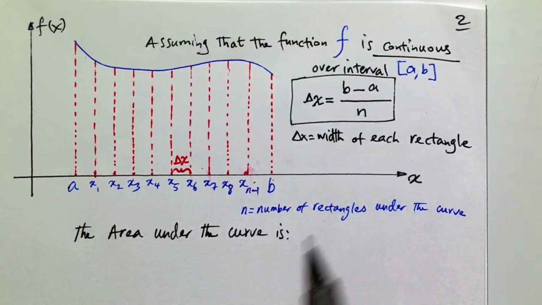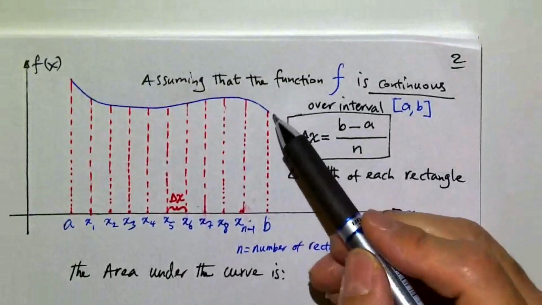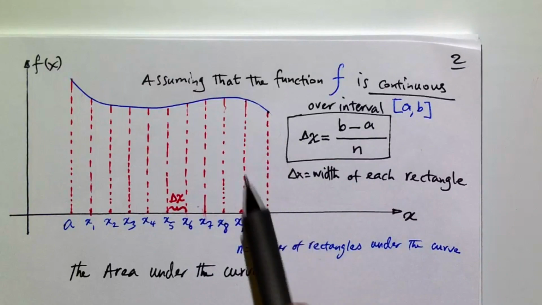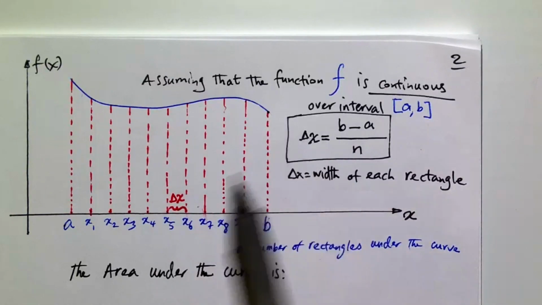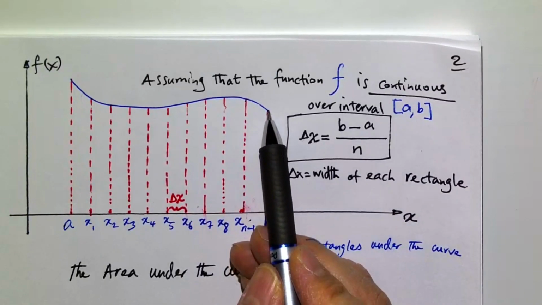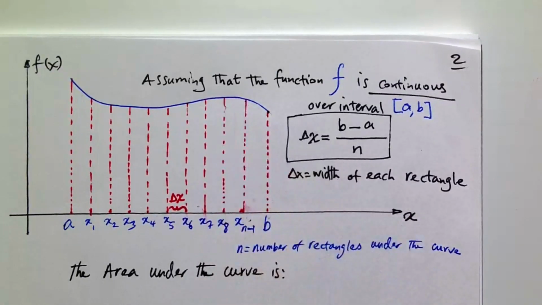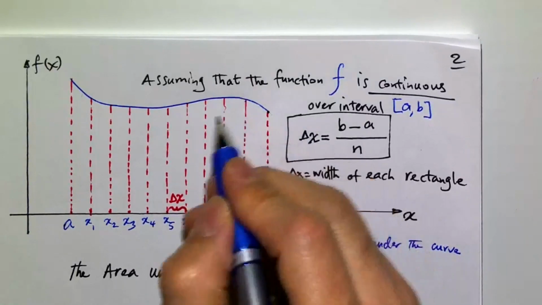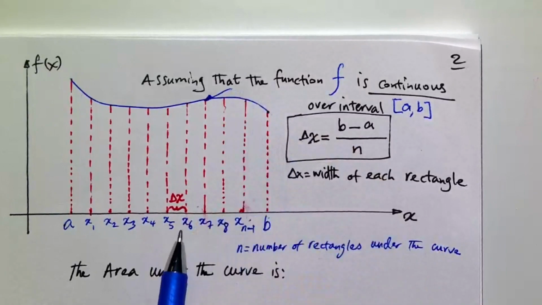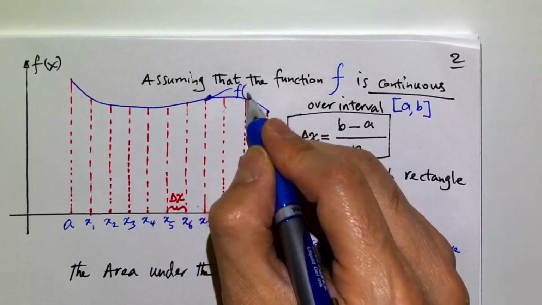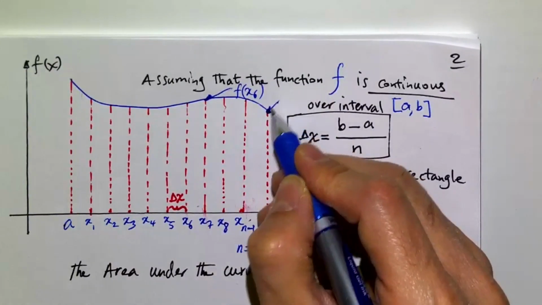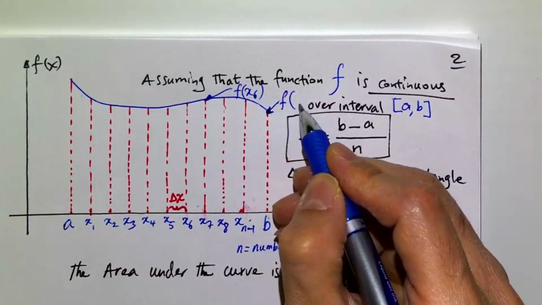We have the function value at each point, then we can decide whether we want to use the right point or the left point, whether we take the function value at this point or this point or that point. So let me just draw a couple of these. This, for example, would be f at x6, right? F at x6. This one here, for example, would be function at b.